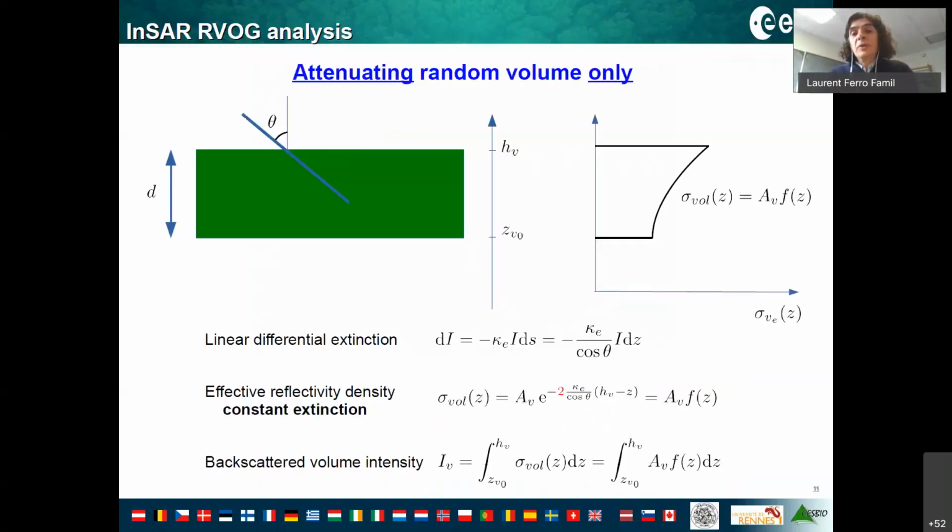Now let's go to a slightly more complex situation where you no longer have a non-attenuating medium, but your medium attenuates and has a constant extinction. Extinction is the concept summarized here.